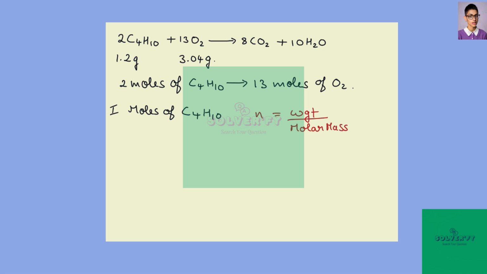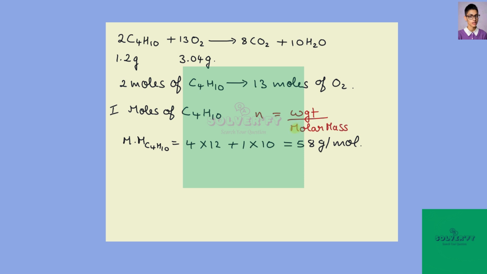The molar mass of butane, C4H10, is 4 into the atomic mass of carbon, which is 12, plus the atomic mass of hydrogen, which is 1, into 10. So it is equal to 58 gram per mole.